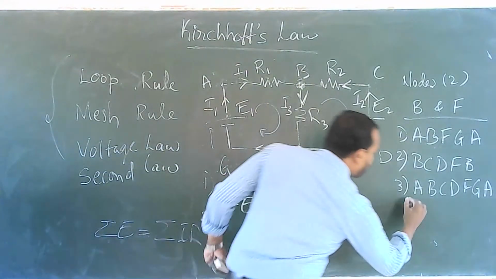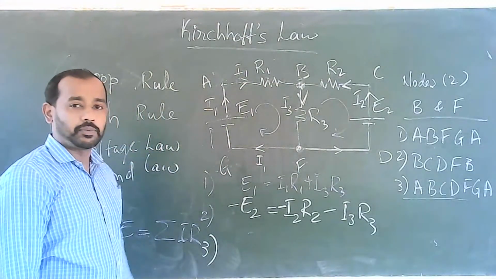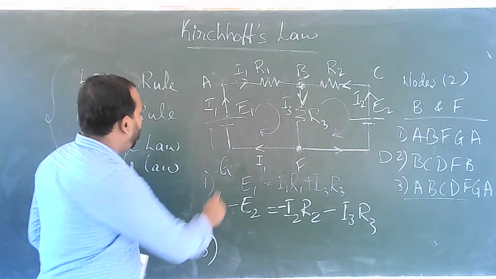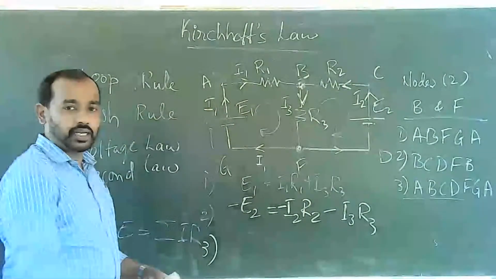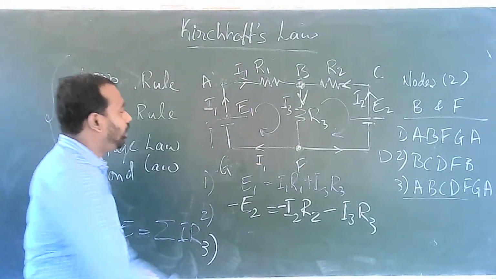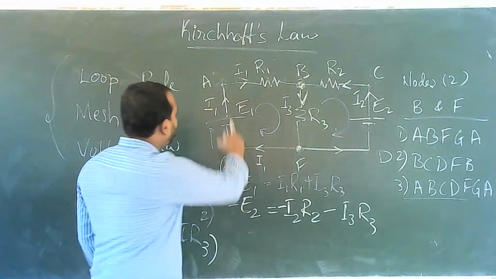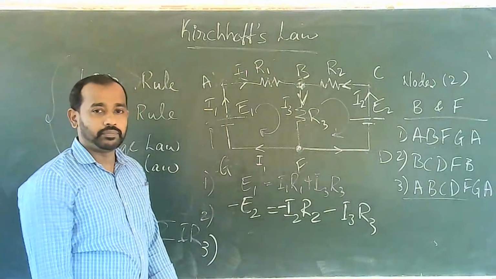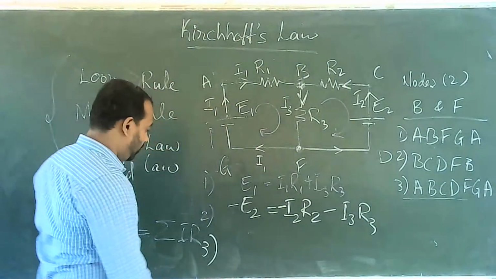Now, let us consider the larger loop, the third. What should be the expression? Here, what are the EMFs? We consider A, B, C, D, again in a clockwise direction. R3 is not involved in the loop. We are going from A, B, C, D, F, G, A. Both the cells are involved.